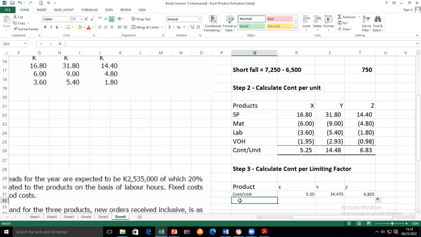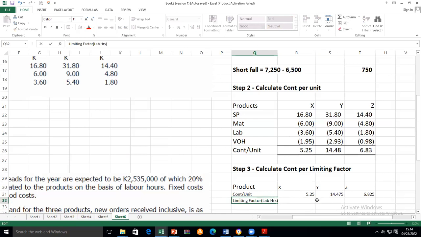Okay. The limiting factor, this is labor hour.